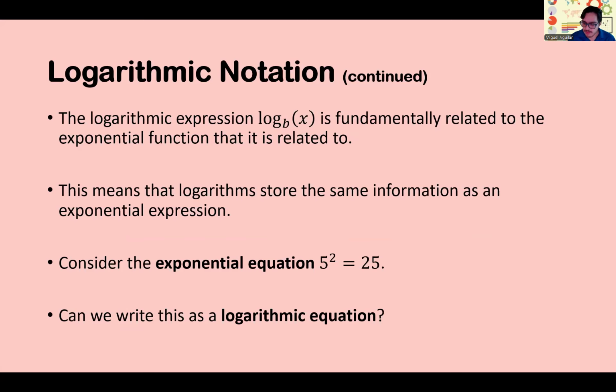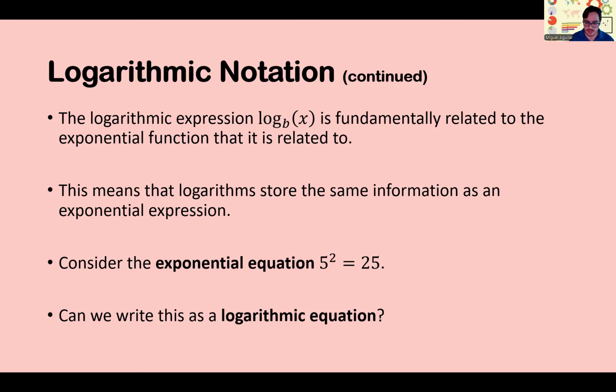So these logarithms contain the same information as an exponential equation. In the same way that multiplication and division, you have learned since grade school, are opposites of each other. If I said 6 times 7 is equal to 42, you're comfortable with that equation in terms of multiplication, right?